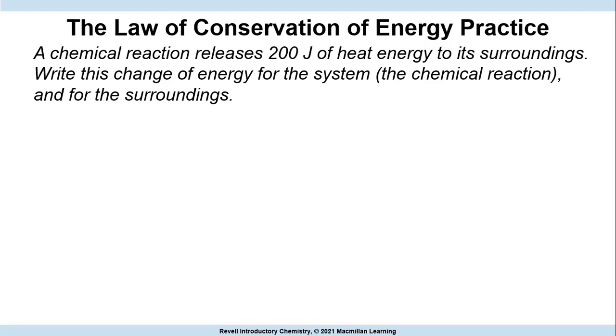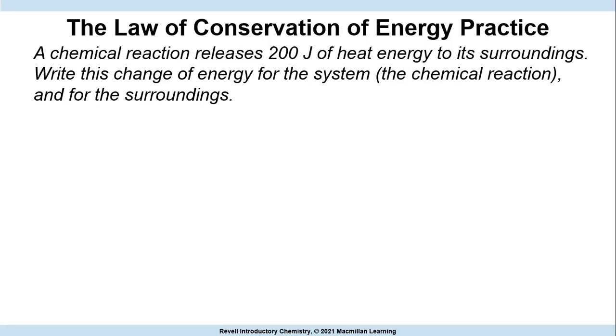Let's look at an example here. A chemical reaction releases 200 joules of heat energy to its surroundings. Write this change of energy for the system, which is the chemical reaction, and for the surroundings. Now, remember we said that when the system loses heat, when it releases heat, Q is negative. And when it absorbs heat, Q is positive. In this question, we've been told that the chemical reaction, which is a system, releases 200 joules of heat to the surrounding.